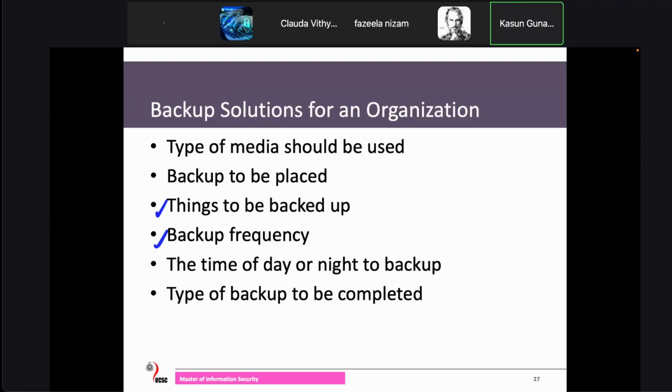In incremental backups, only the data that has changed since the last full or incremental backup will be backed up. As the incremental backup completes, it flags data that has been updated so that it is not included in the next incremental backup. So likewise, there are different types of backups.